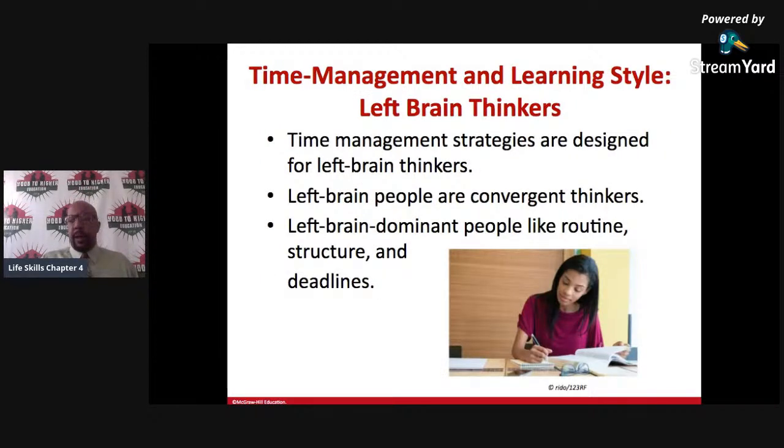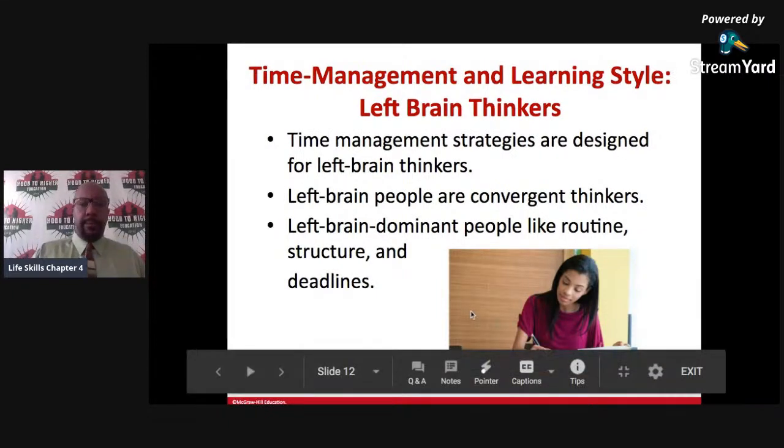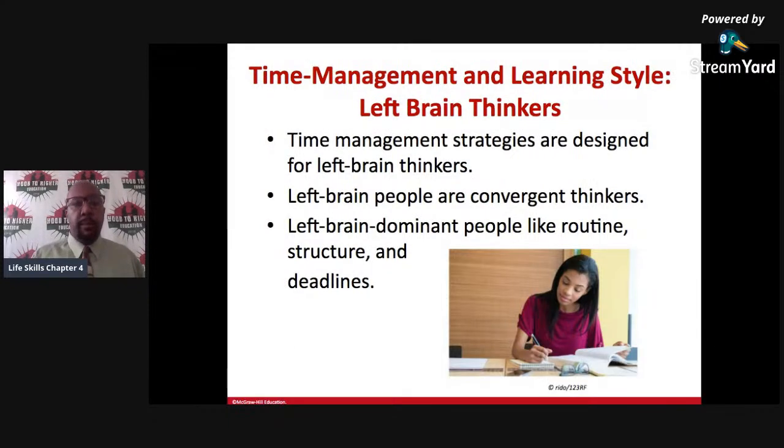You also want to think about some of the barriers that you have to time management and work through those barriers. So the difference between a left brain thinker and a right brain thinker is that time management strategies tend to really bode well for those left brain thinkers. Those left brain thinkers are convergent thinkers. And convergent is just a fancy term for how themes and subjects merge together, right?